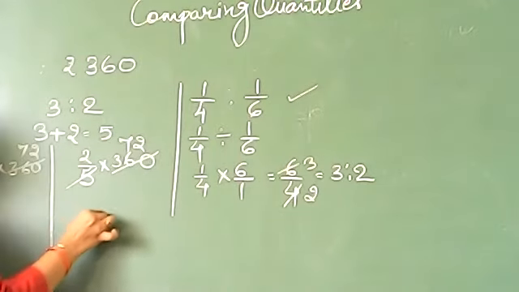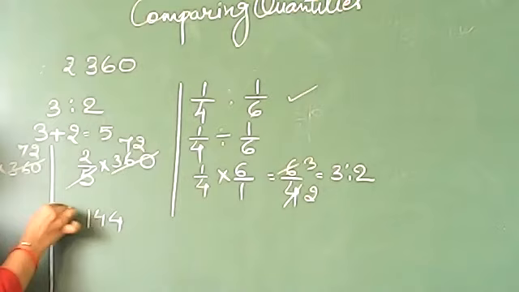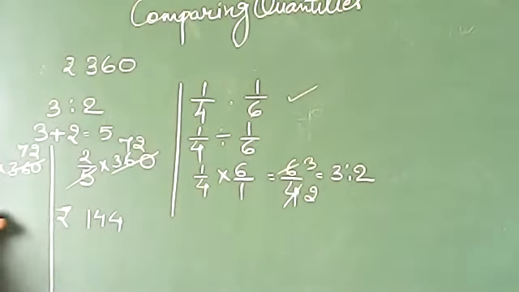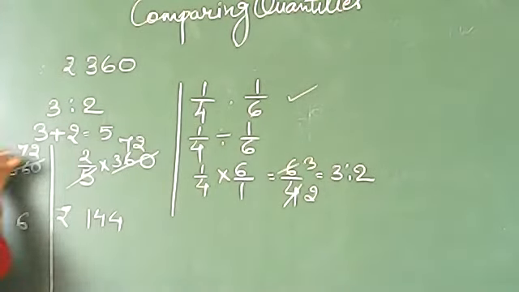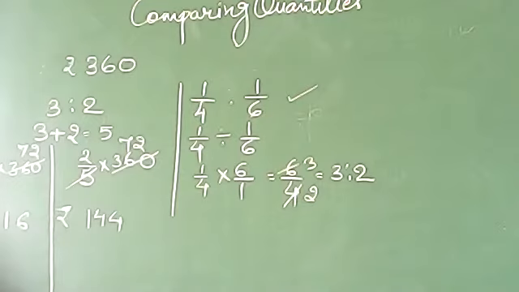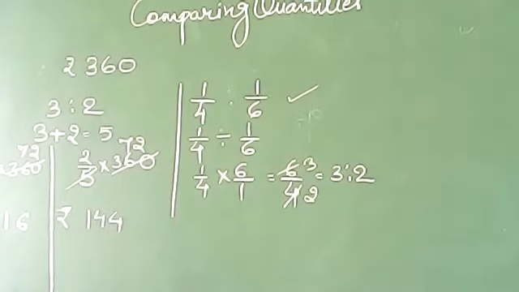It means it will give you rupees 216 and this will give you 144. So our answer for this particular question will be 216 and 144. We have divided this number 360 in the ratio 1/4 : 1/6. Now this is also completed.